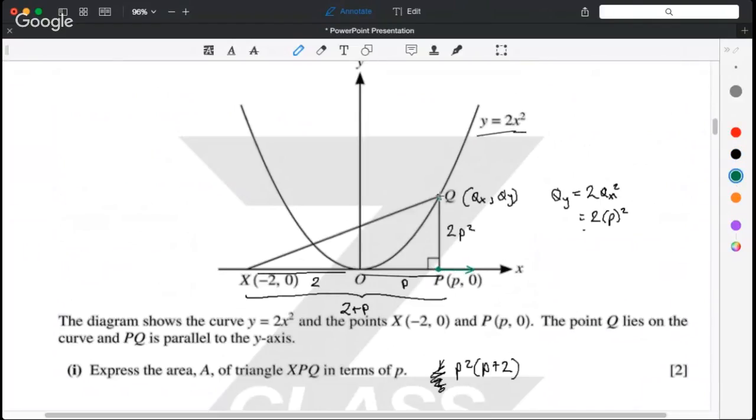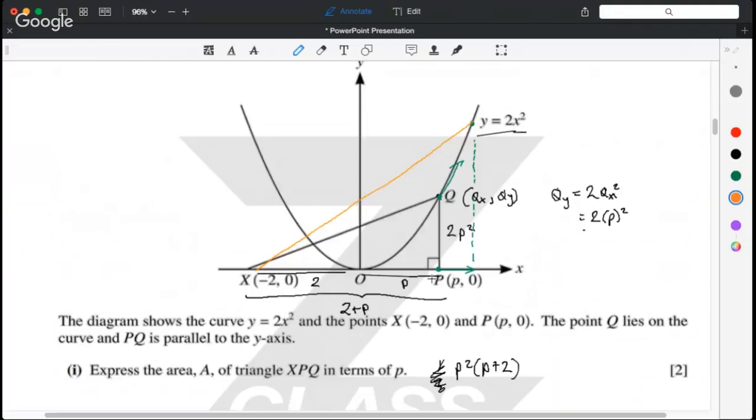And so is this one. This one is moving up the curve in such a way that it's always going to be directly above P. So therefore, the area of this triangle is obviously going to change, right? Because now it's this big guy. So they're asking you to find how the area changes.